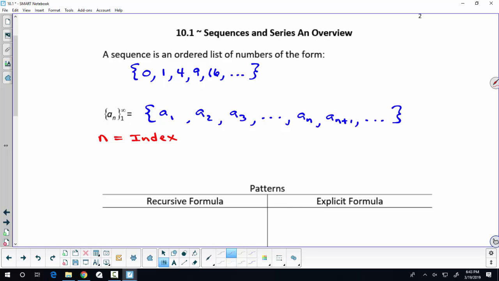Sometimes they can start at 0, 1, 2, 3, 4, 5, etc. But each term is generated by the next index. When we increment the index by 1, it gives us another term. So this would be the nth term. This is the third term, etc.